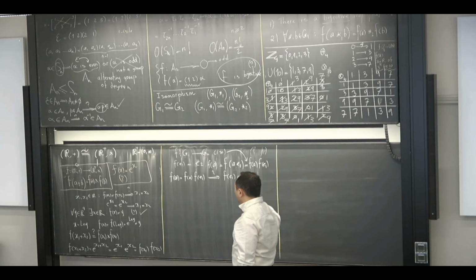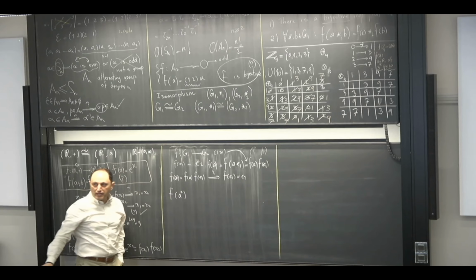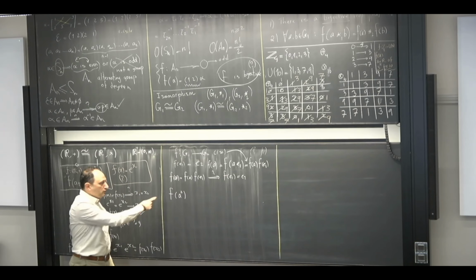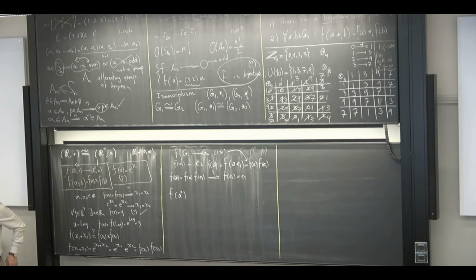So remember, for example, if I have f of A2, if f is an isomorphism, what do you think will be the result of f of A2? What is f of A2 if f is an isomorphism?